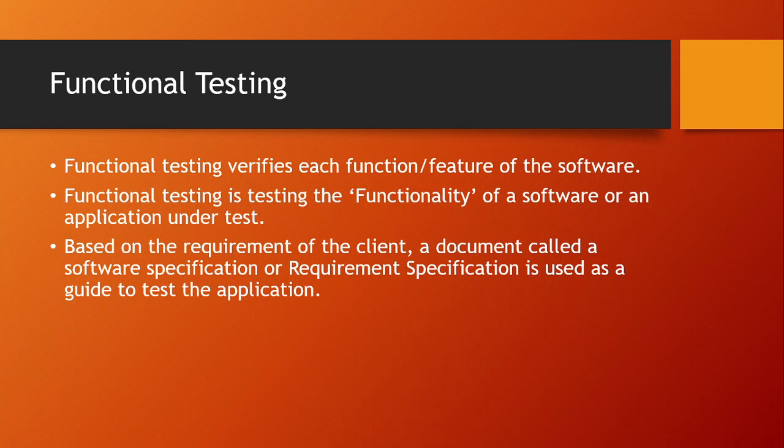So we spoke about the specifications and the requirements. Before you start developing a system, you'll need the specification or the requirements of that particular system. In other words, functional testing has to do only with testing the functionalities or the features of the software. That's it.